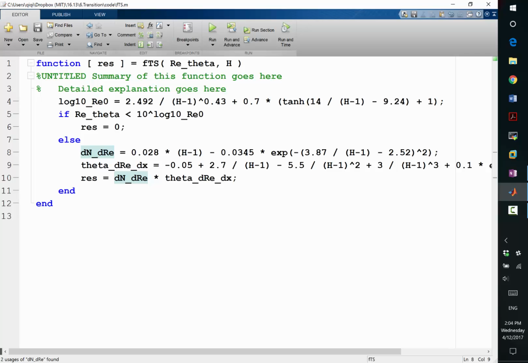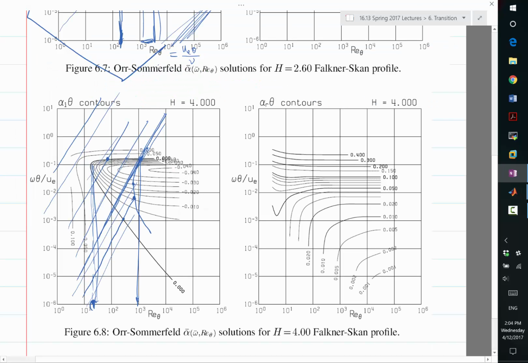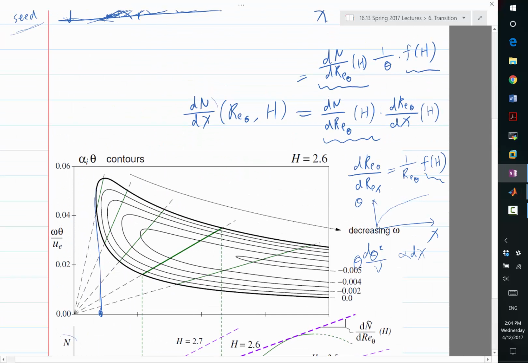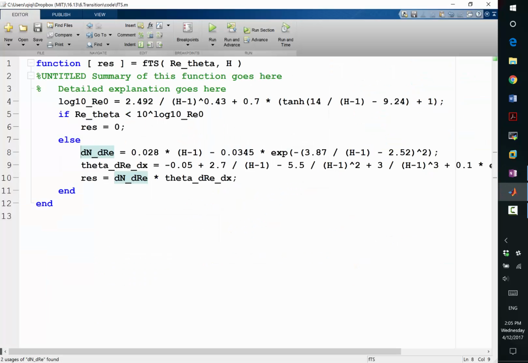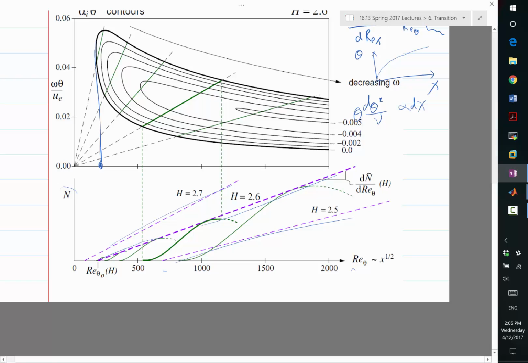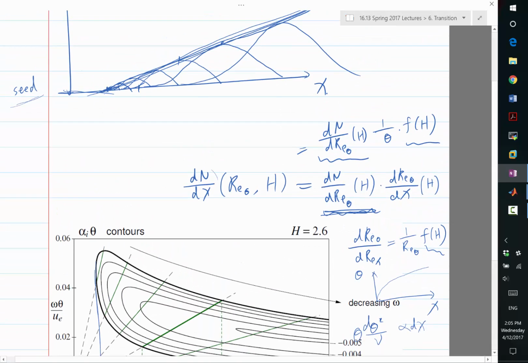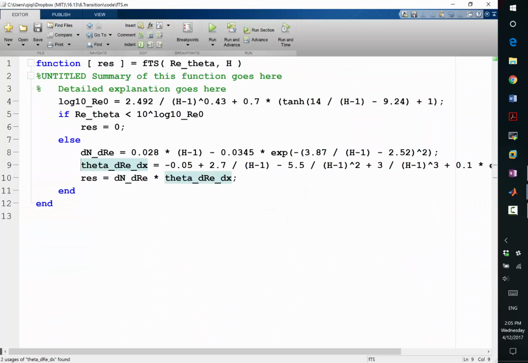Otherwise, I'm computing these two terms. One term is dn d(Re theta). That is this, right? This is the slope of these envelopes computed from different Falkner-Skan solutions. Okay, and that's one type of fit, and the other fit is d(Re theta) dx.